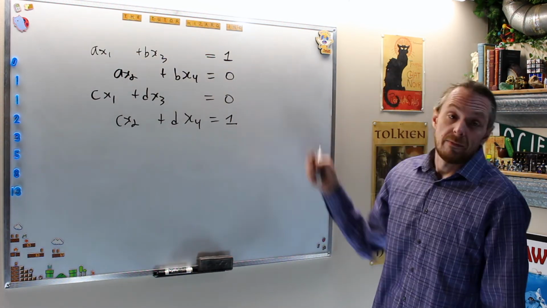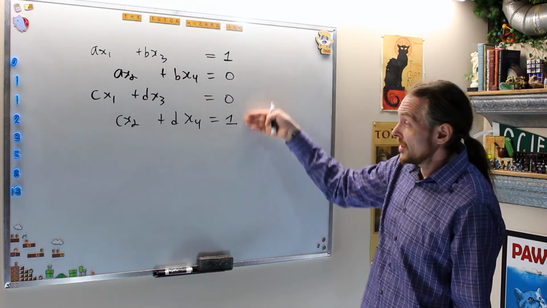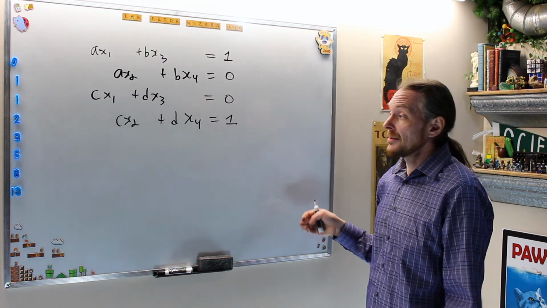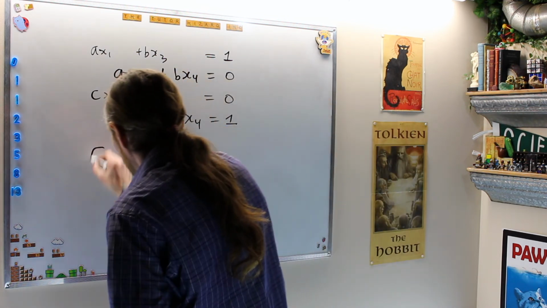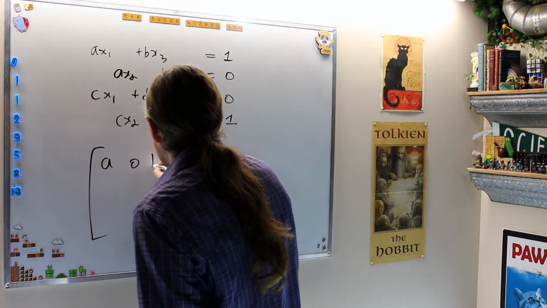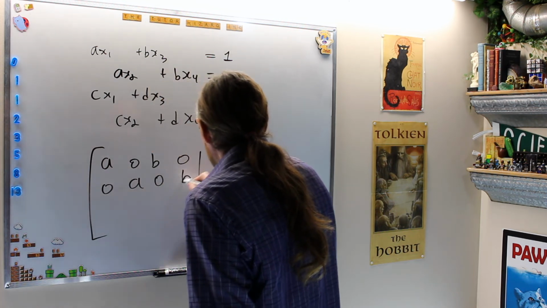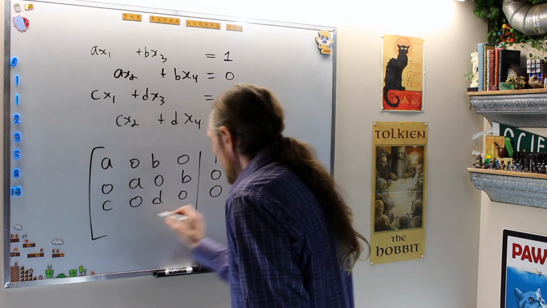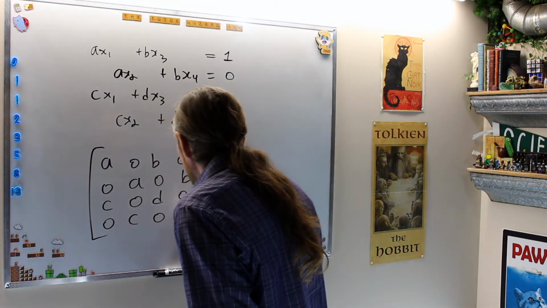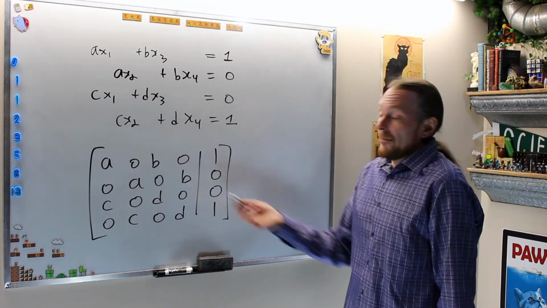This is a 4 by 4 linear system of equations, which is non-homogeneous. What I want is an augmented matrix first. Let's do that. A, 0, B, 0, 1, 0; 0, A, 0, B, 0, 1... Now I have an augmented matrix.